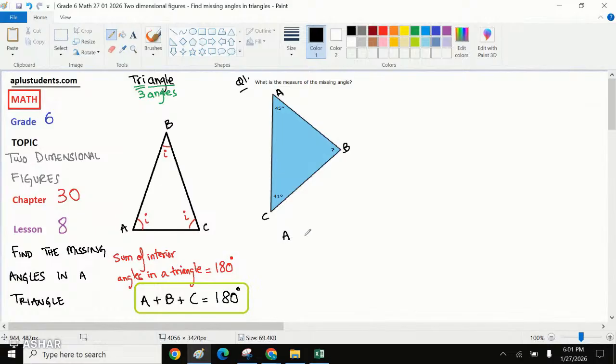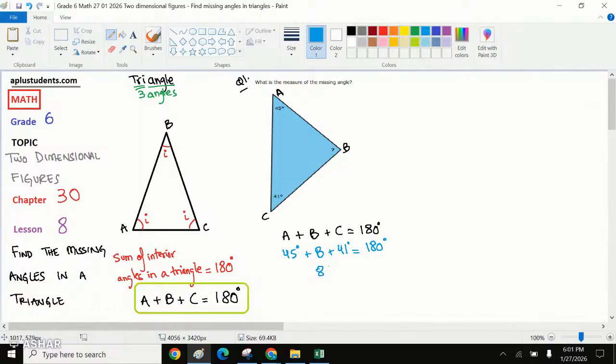So can we say A plus B plus C should be equal to 180? A was 45, B is missing, and C is 41, should be equal to 180. 45 plus 41: 45 plus 40 is 85, 85 plus 1 is 86.